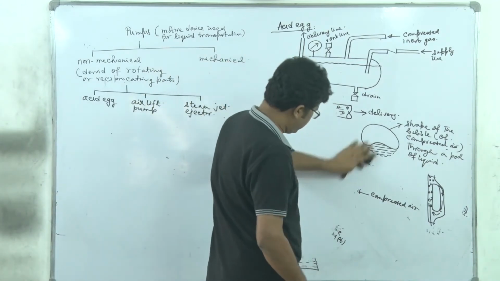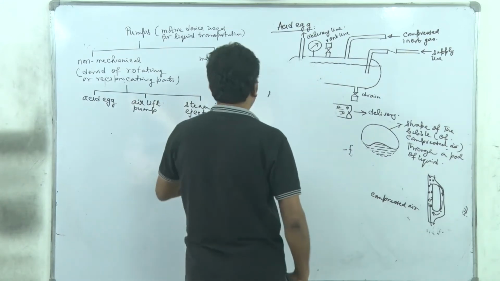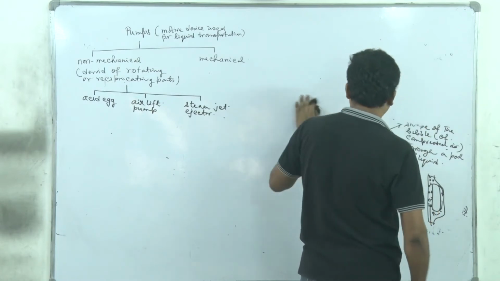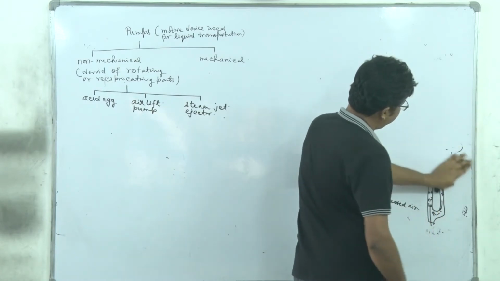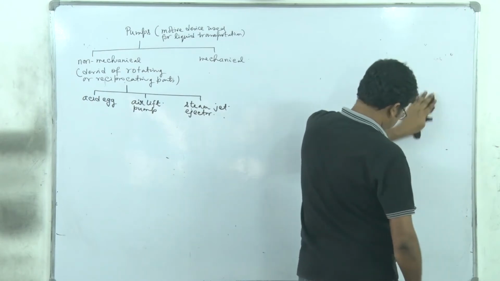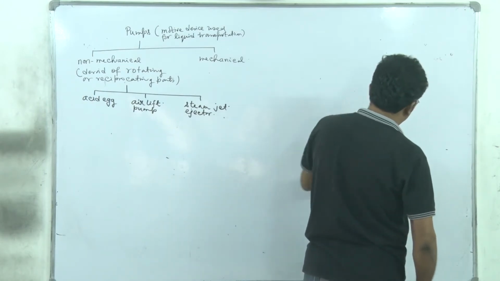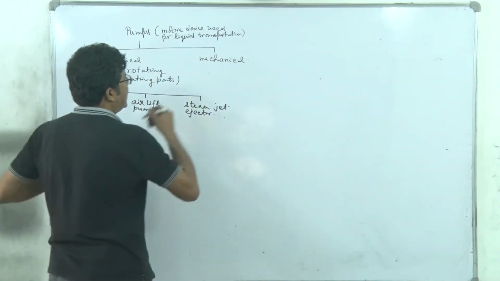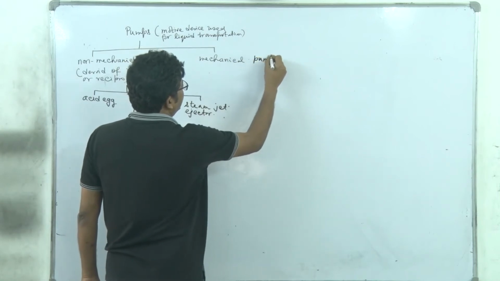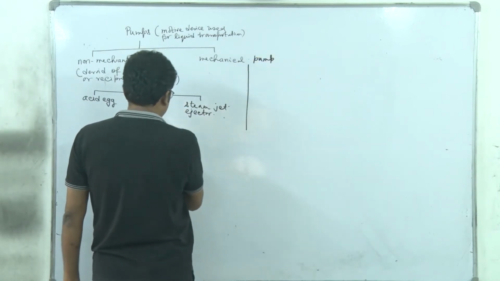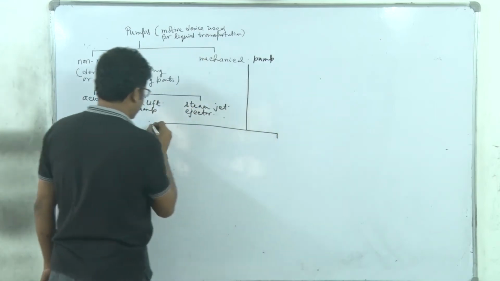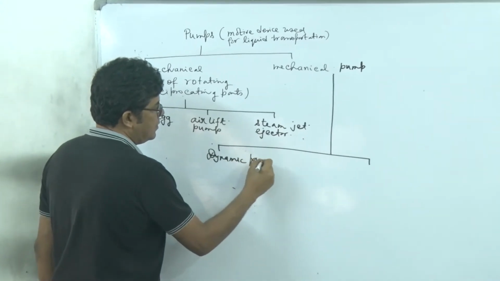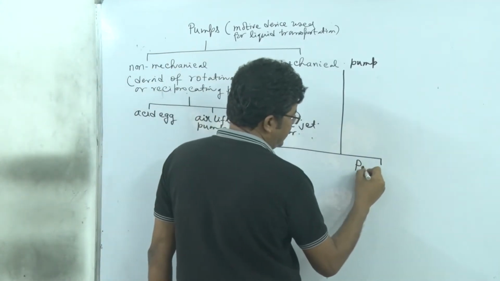In the dynamic pump, we majorly use the centrifugal force produced by a rotating device, and that's why the centrifugal pump is the primary member of this group called dynamic pumps. So this is the mechanical pump, and in mechanical pumps we have two major classifications: one is the dynamic pump and another is the positive displacement pump.